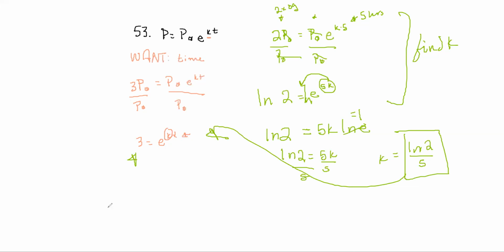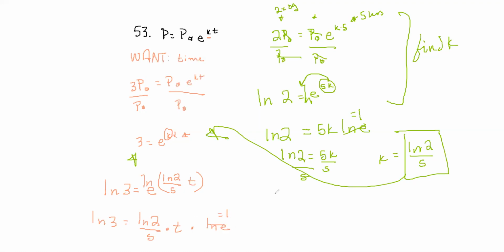And continue solving this. 3 is equal to e to the (ln 2 over 5) t. And again, natural log both sides. So the natural log of 3 is equal to the natural log of e to the (ln 2 over 5) times t, which is t times ln 2 over 5, times the natural log of e, which is equal to 1.